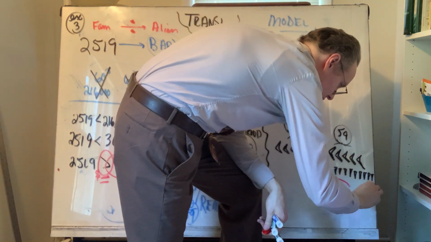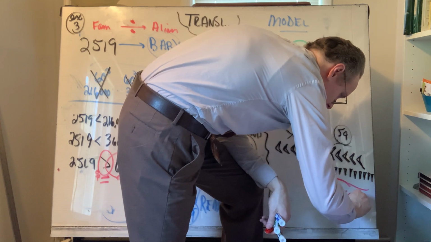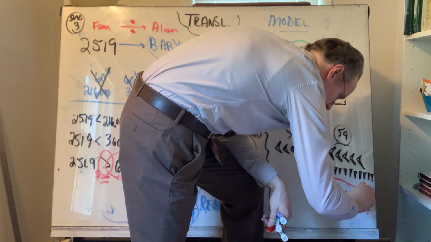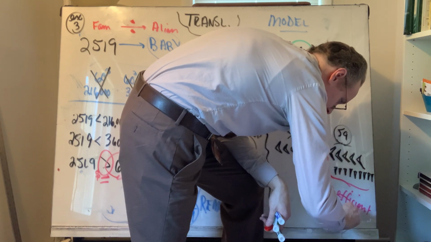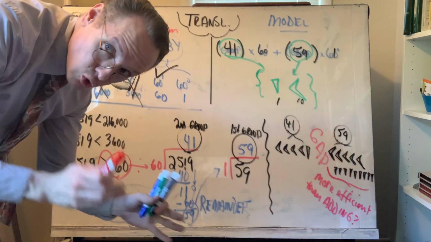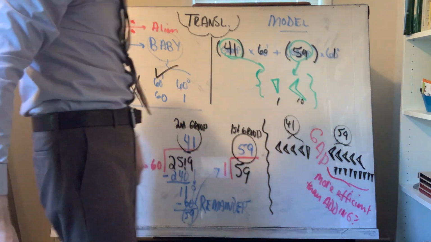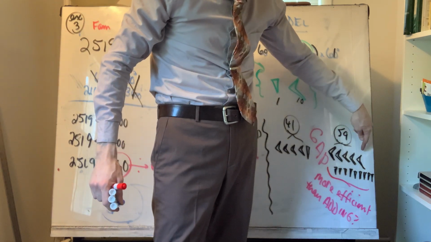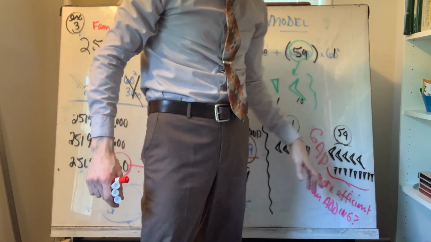What would be more efficient, though? More efficient than adding, in this case. More efficient in the sense that you're using less clay, you're using fewer wedges. 10, 20, 30, 40, 50, 1, 2, 3, 4, 5, 6, 7, 8, 9.